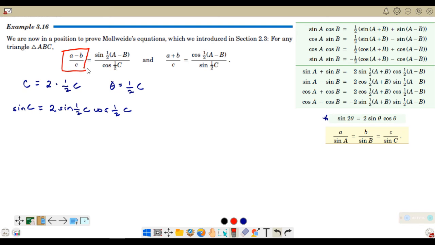Now, let's look at the left-hand side. We have here A minus B over C. I-reverse natin yung addition ng fraction. We can break this down into two similar fractions, A over C minus B over C. Now, i-relate natin siya sa law of sines. Ito yung law of sines natin.